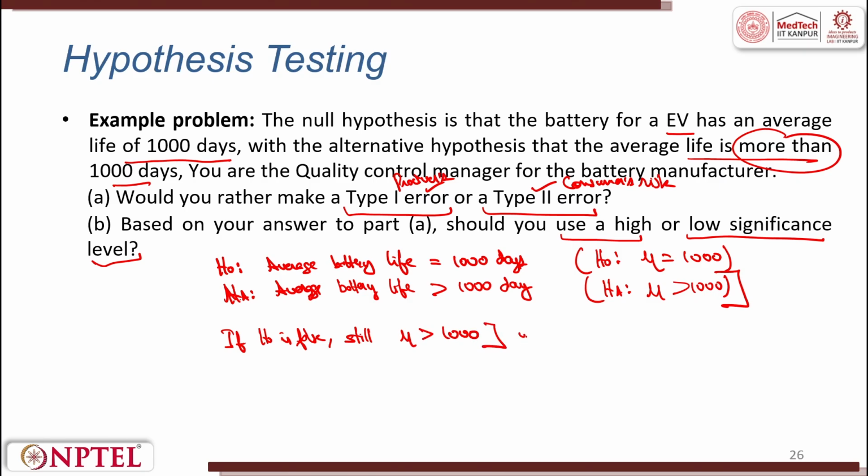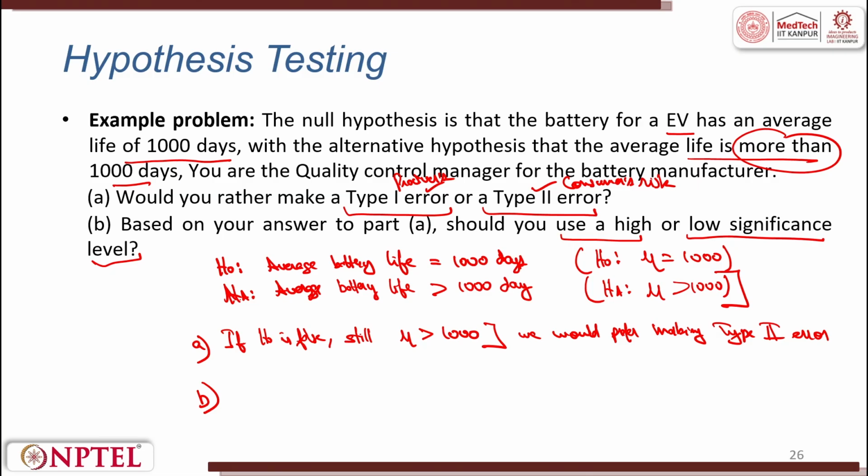Therefore, we would prefer making type 2 error. This is part A. Part B, should you use a high or low significance level?